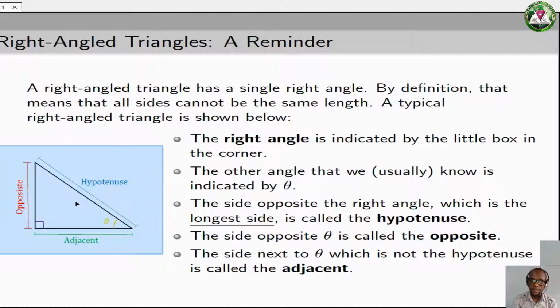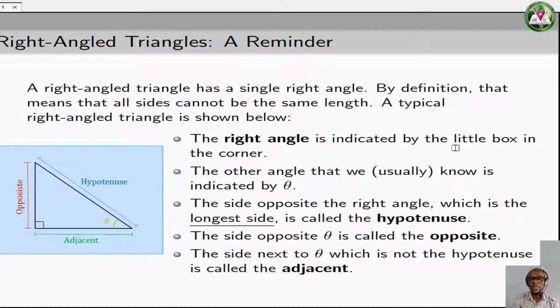Always remember this, that the side opposite the right angle is called the hypotenuse and is the longest side in the right angled triangle. Now, the side opposite that angle there, that angle theta, we call the opposite side. Then the other side there is what we refer to as the adjacent, the side next to theta.